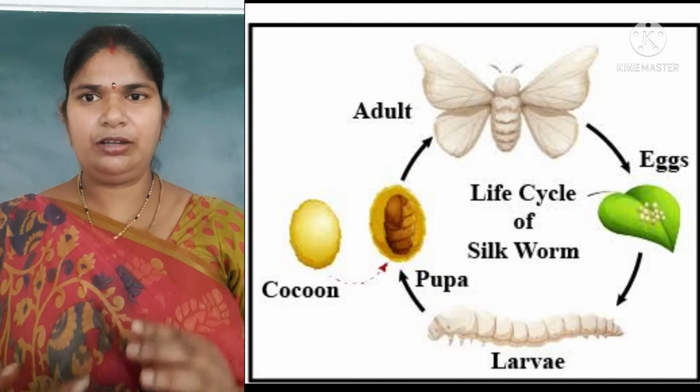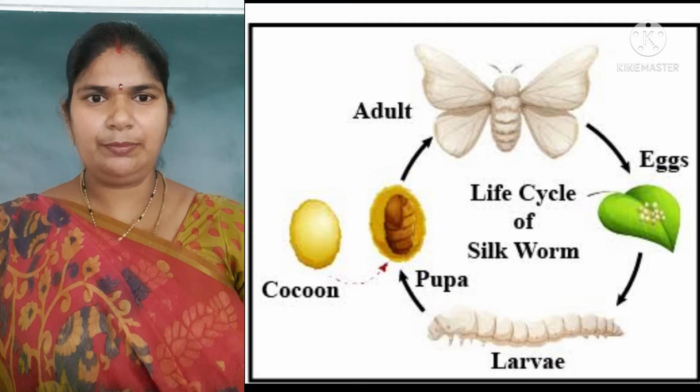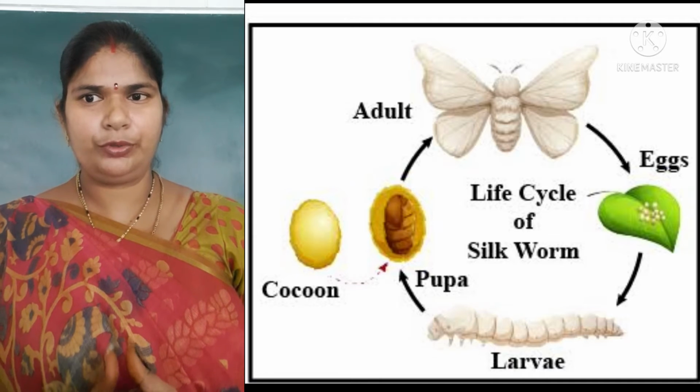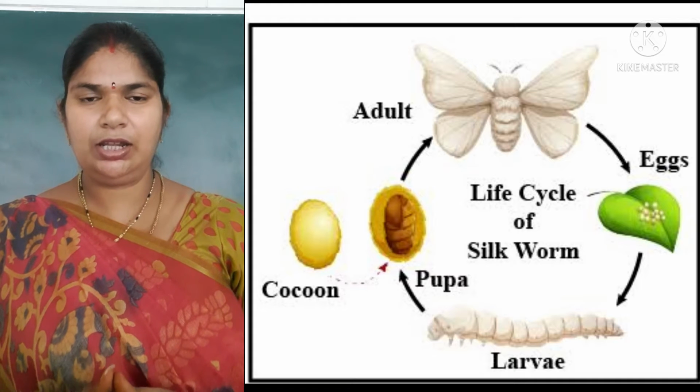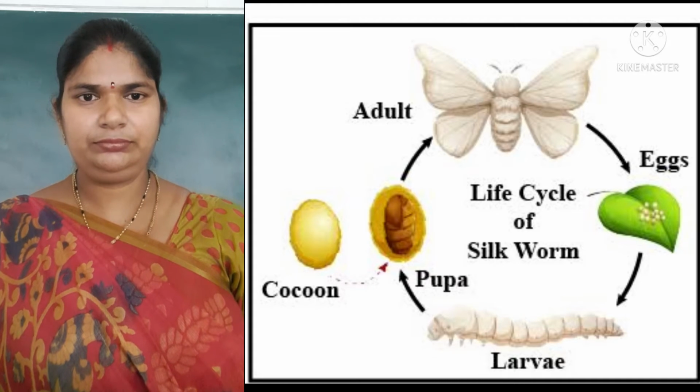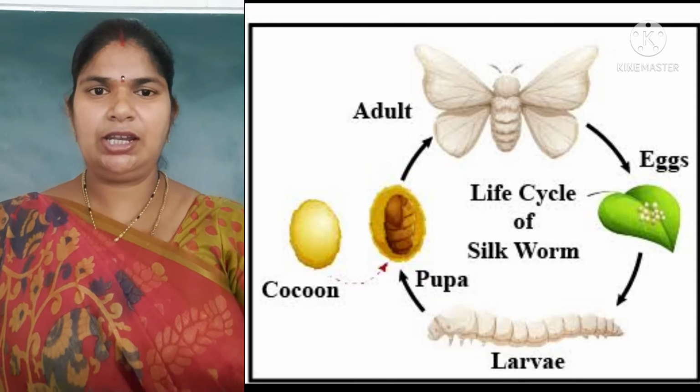Then this caterpillar grows into a pupa by secreting fibers which are made out of proteins, and it converts into a silk moth. This is known as the life cycle of silkworm.